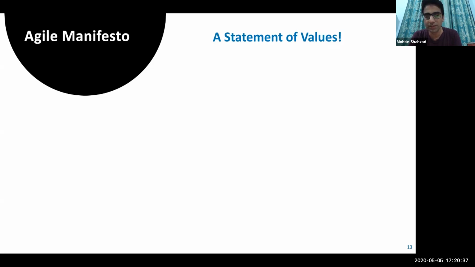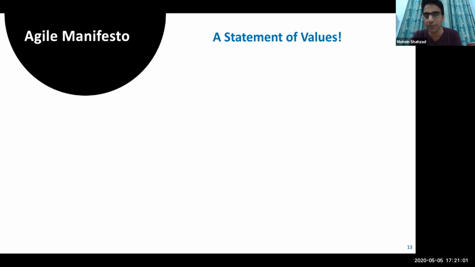So what is the Agile Manifesto? The name was Manifesto for Agile Software Development, because at that time the major concern was how we can make processes for software development, because software development was following the same processes that have been used in construction all over the world. But the software development field is a bit different.